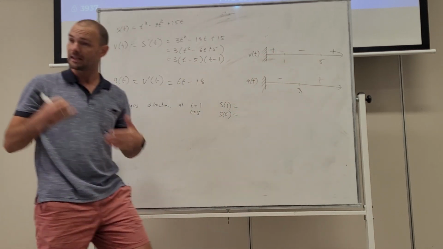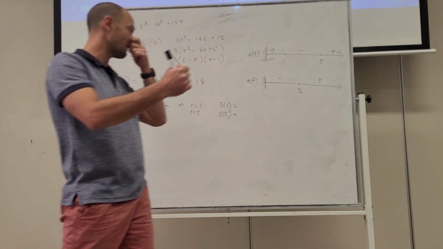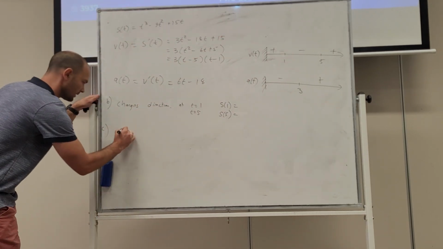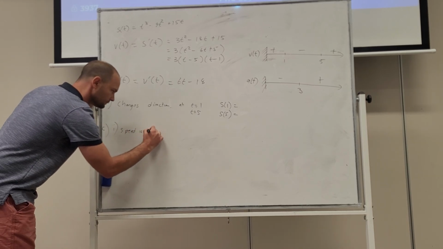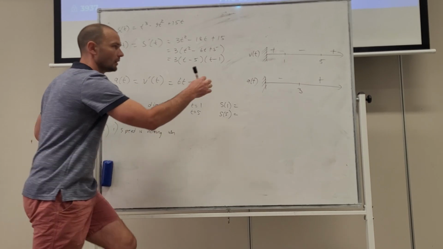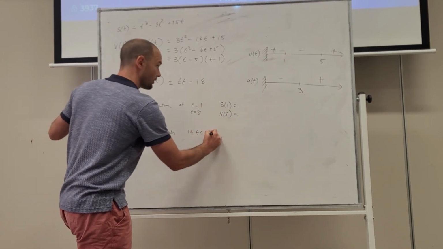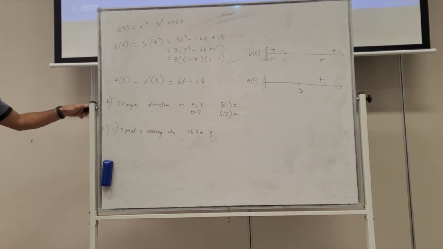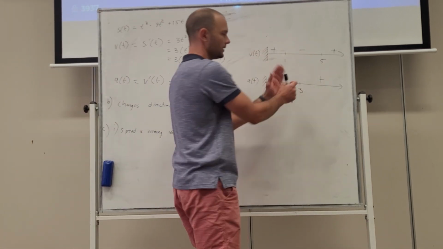So that means speed is increasing because they both have the same sign. If they have the same sign, speed is increasing. So for C part 1, speed is increasing when, and we'll list that as an interval, 1 is less than t is less than 3. So that's when v of t and a of t are both negative.